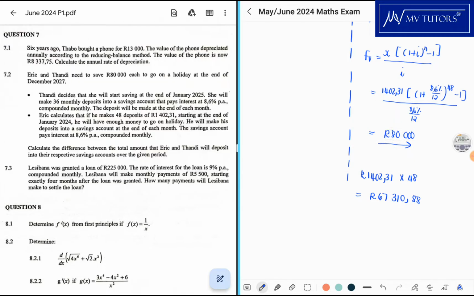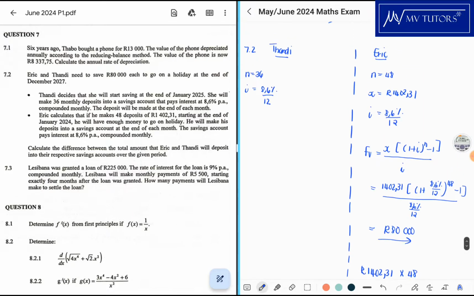Okay, now let's go over to Tandy. So I just need to know how much Tandy contributed per month. So again, using our future value formula, 1 plus I to the power n minus 1 divided by the interest.